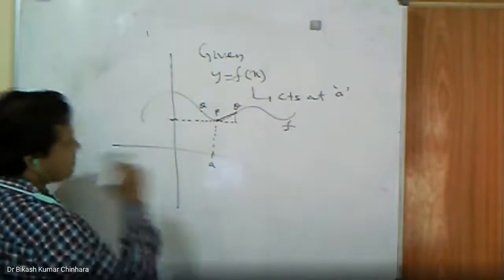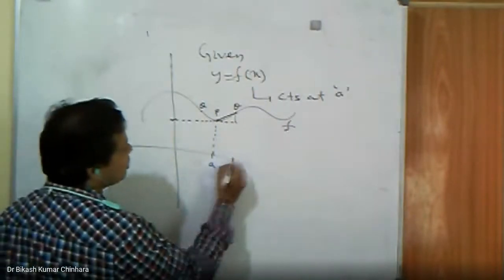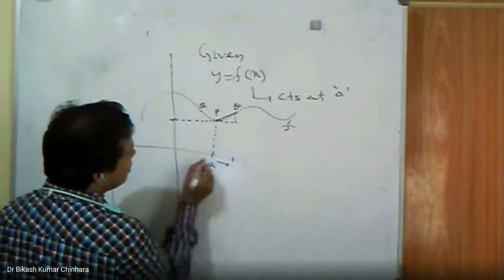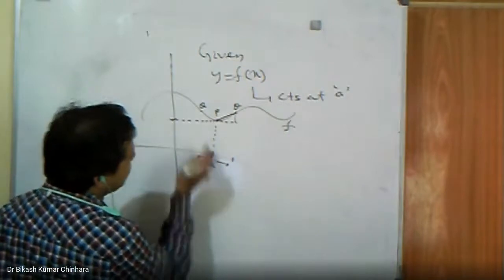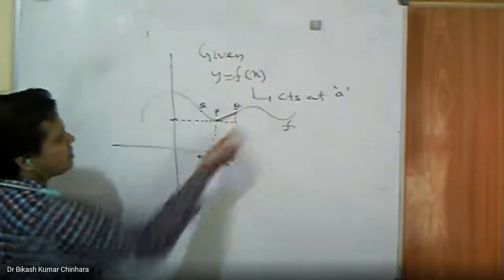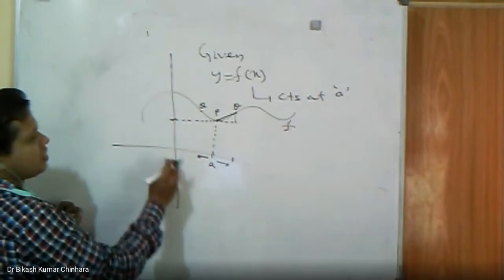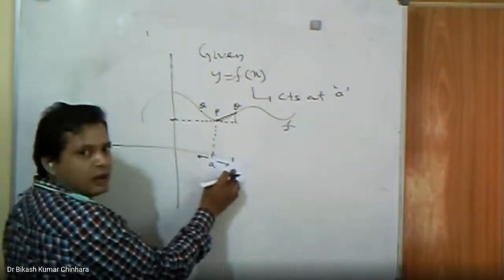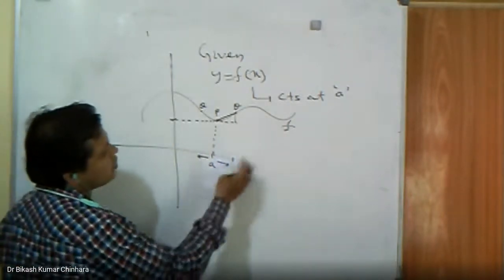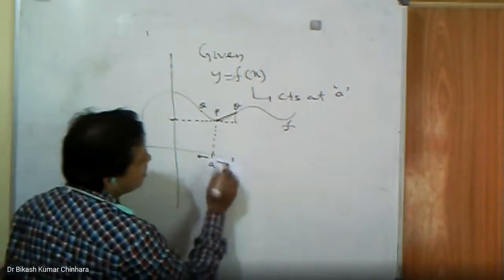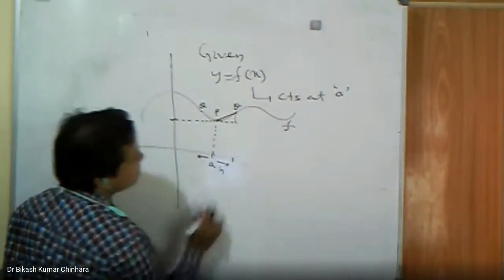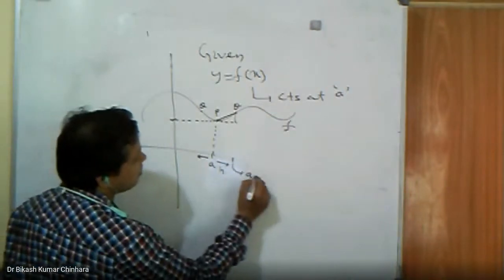The tangent at P means, suppose I am moving here and here. I may choose Q in this direction, or I may choose Q in this direction. Suppose I am moving right of A with a distance h to identify this point A plus h.